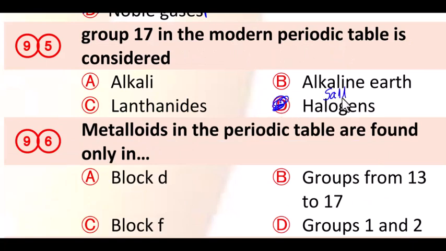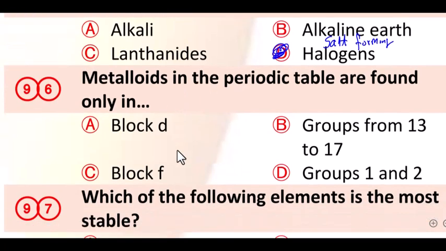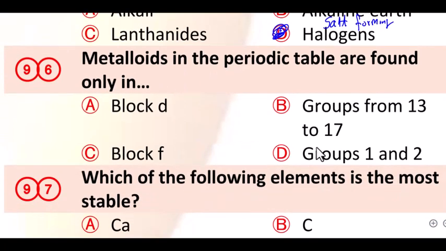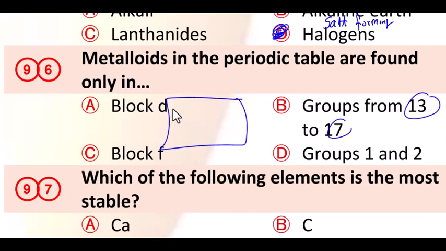Halogens means salt forming. They form salts when dissolved or reacting with metals, like chlorine, iodine, fluorine, and bromine. Metalloids in the periodic table are found only from group 13 to group 17. Here is the periodic table.